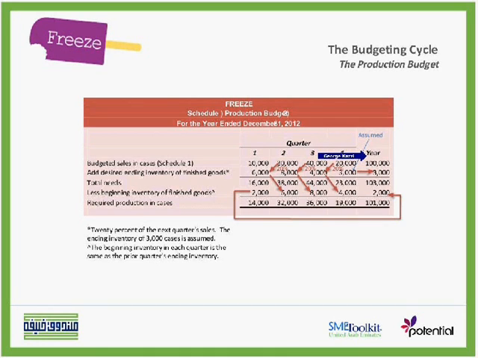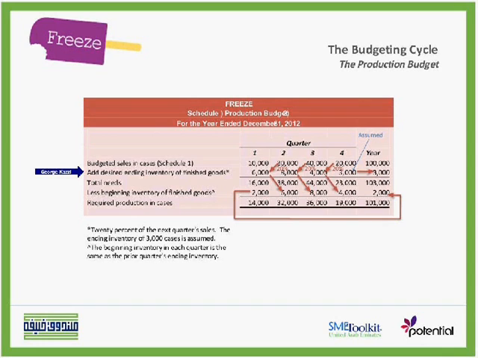We add the desired inventory of finished goods. In that period, we have to keep in mind that management believes that an ending inventory of 20% of the next quarter's sales will be an appropriate balance for them. So that way they will not fall short of their planned sales.